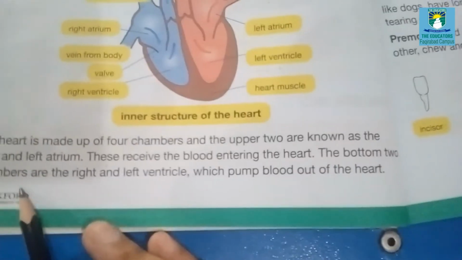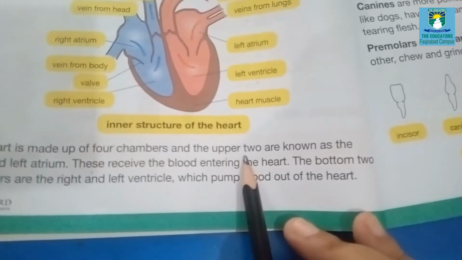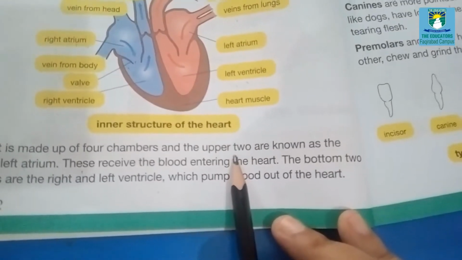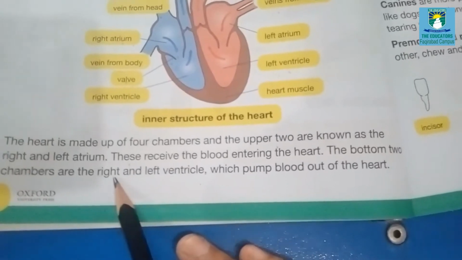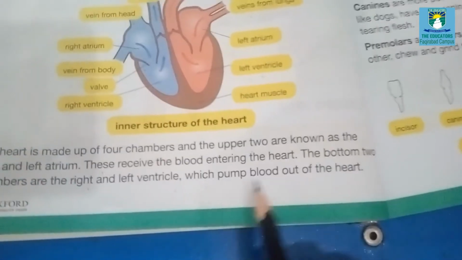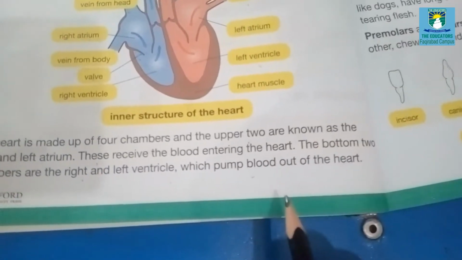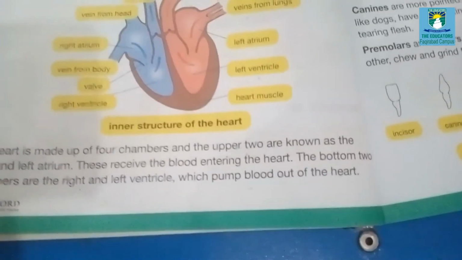The bottom 2 chambers are the right and left ventricle, which pump blood out of the heart.